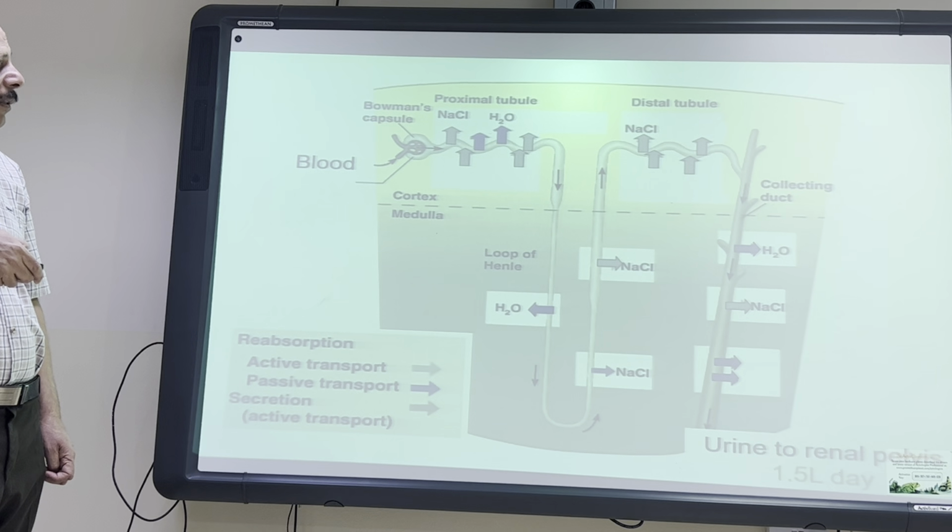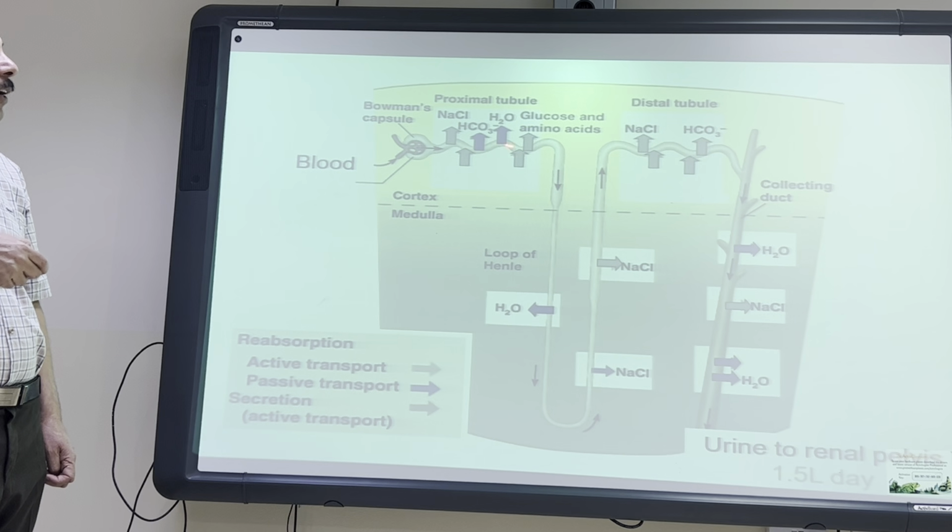Water, mostly it is reabsorbed in the loop of Henle and also in the collecting tubules and proximal convoluted tubules. Bicarbonate is also reabsorbed in the proximal convoluted tubules and distal convoluted tubules.